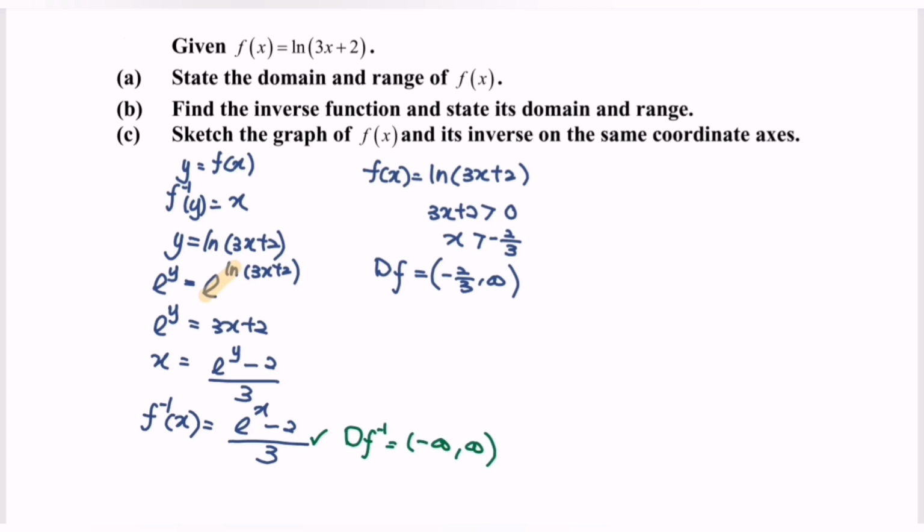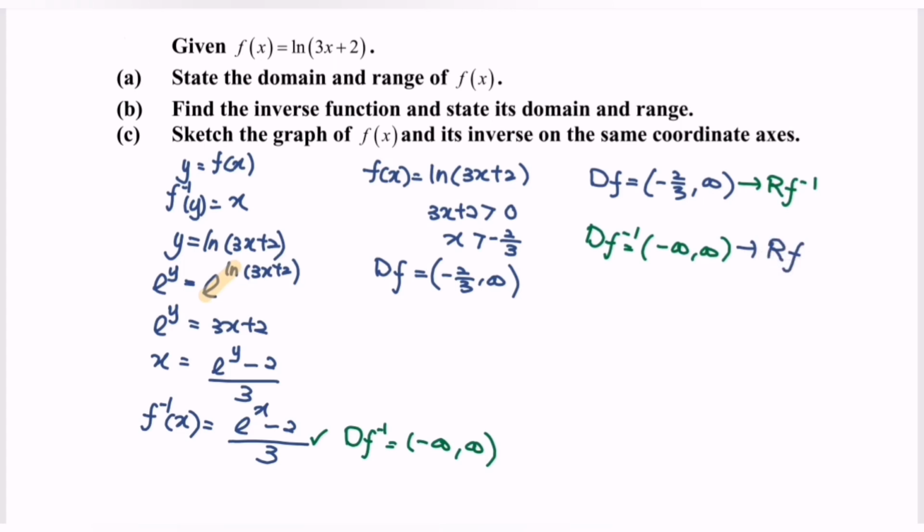So the domain for f, which is negative 2/3 until infinity, is the range for f inverse. Then the domain for f inverse, which is all real numbers, represents the range for f.